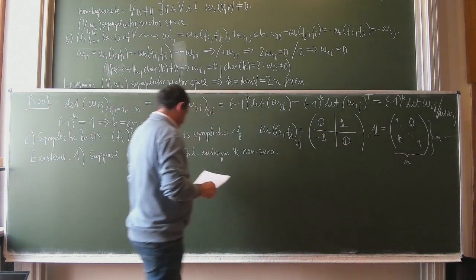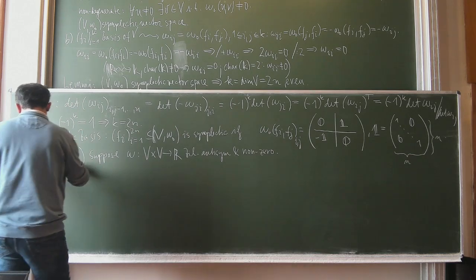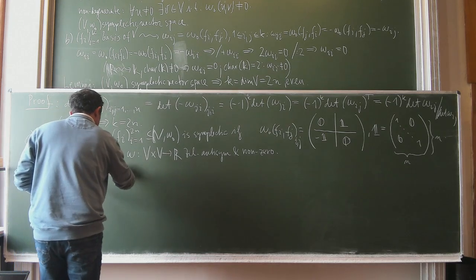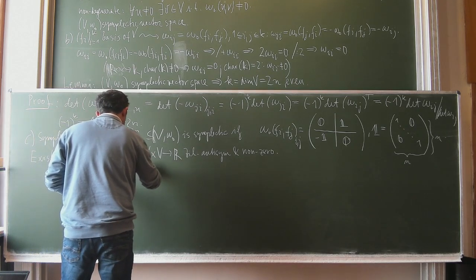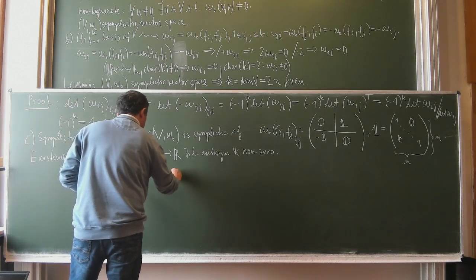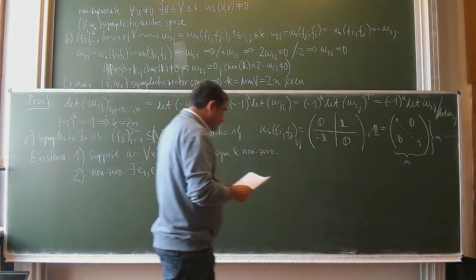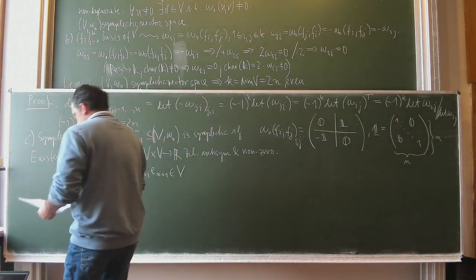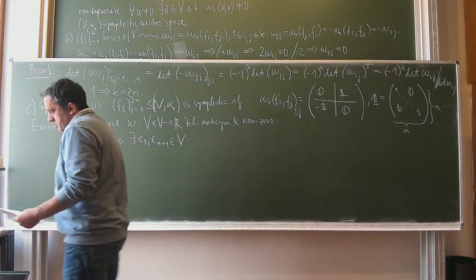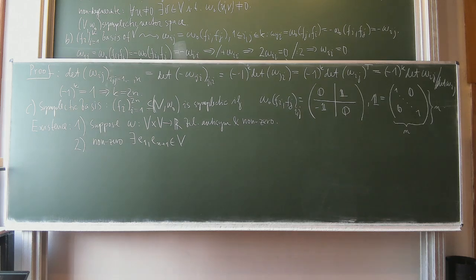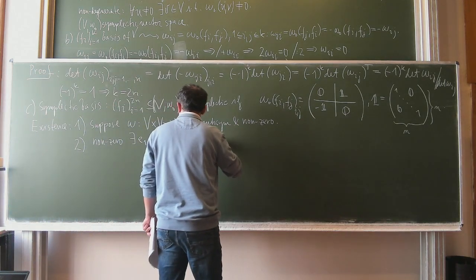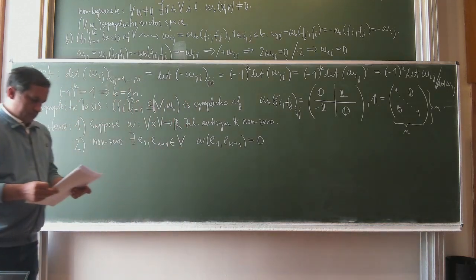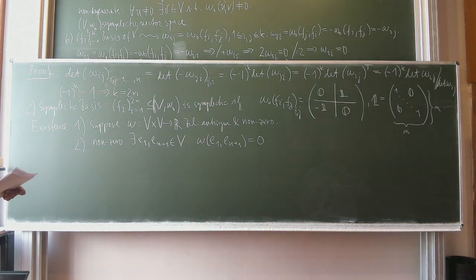By the non-zero-ness, there exist vectors, which we denote by E1 and E_{n+1}, for which omega is non-zero. If there doesn't exist any such vector, then omega would be 0.